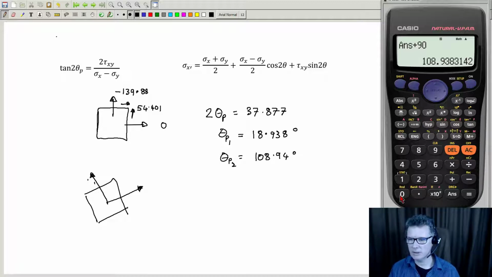That will be 0 plus, unfortunately that's minus 139.88 divided by 2.